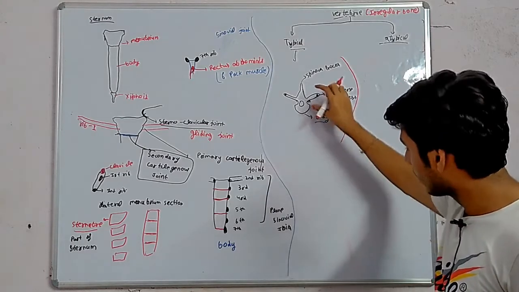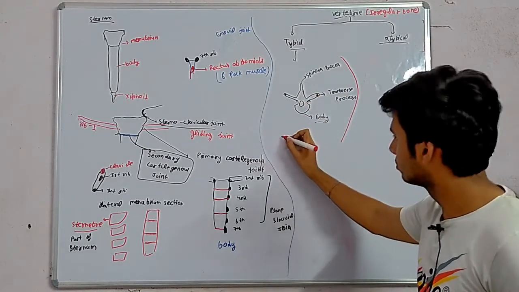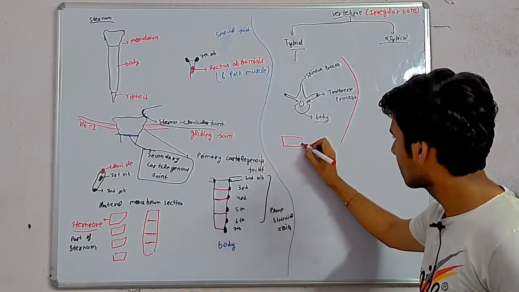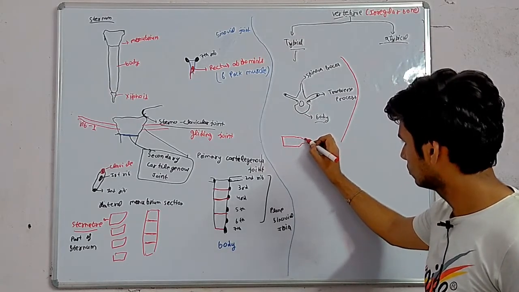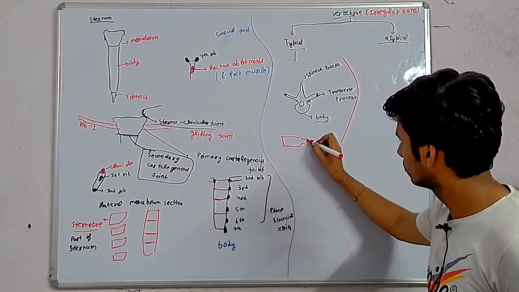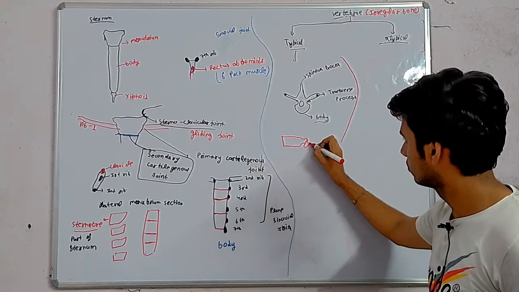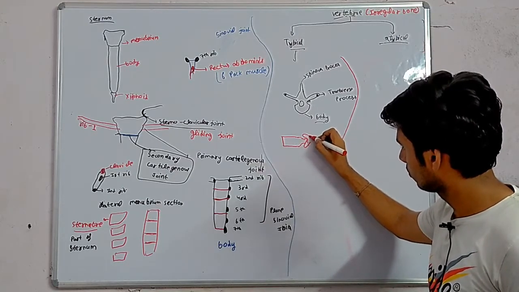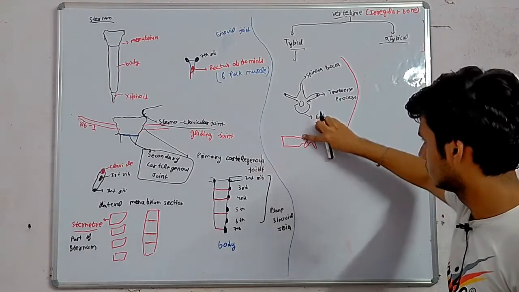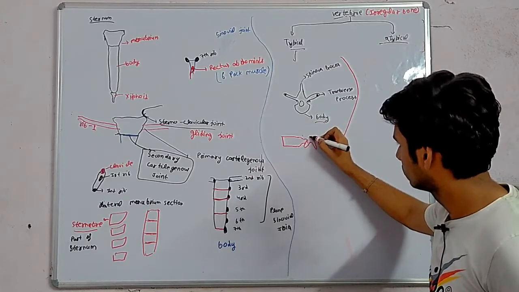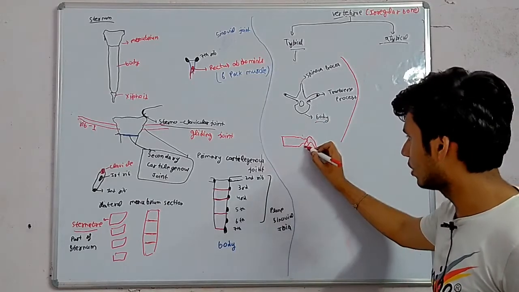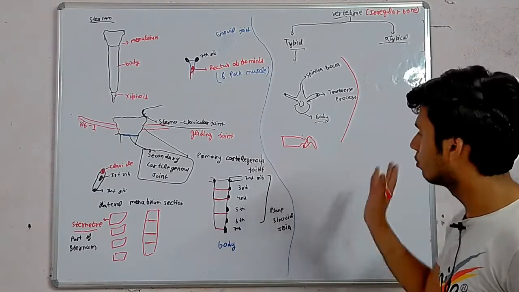Another important feature is if we take a lateral section, it looks like this. So this is the lateral section of a vertebra. It contains a transverse facet on the transverse process on the anterior aspect.